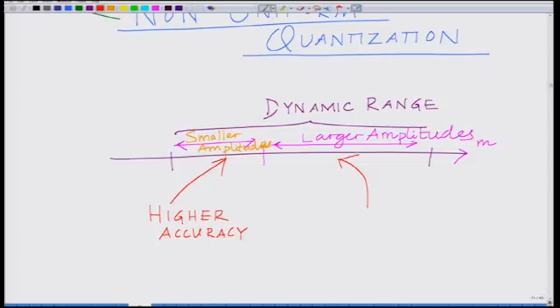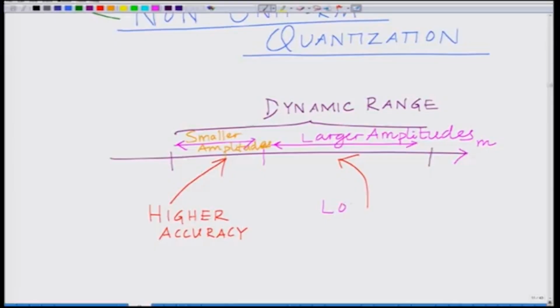In the larger amplitude region, we can afford to be lax, because these occur with low probability, and because the amplitude is large, the reconstruction is not very sensitive to an error in the amplitude.